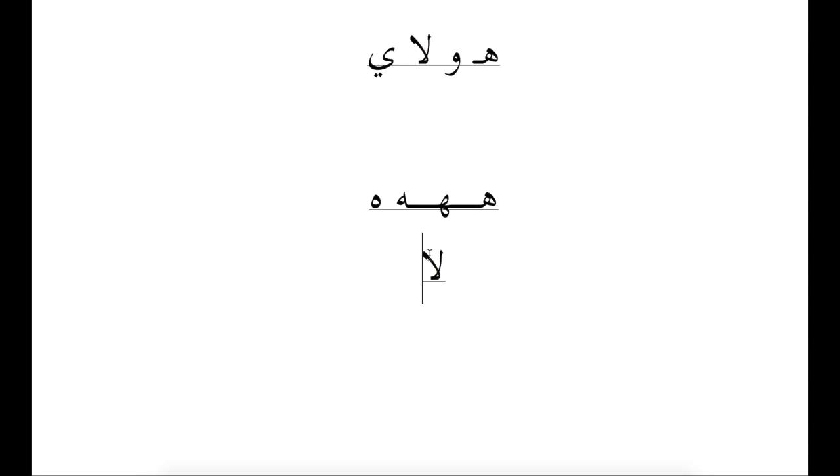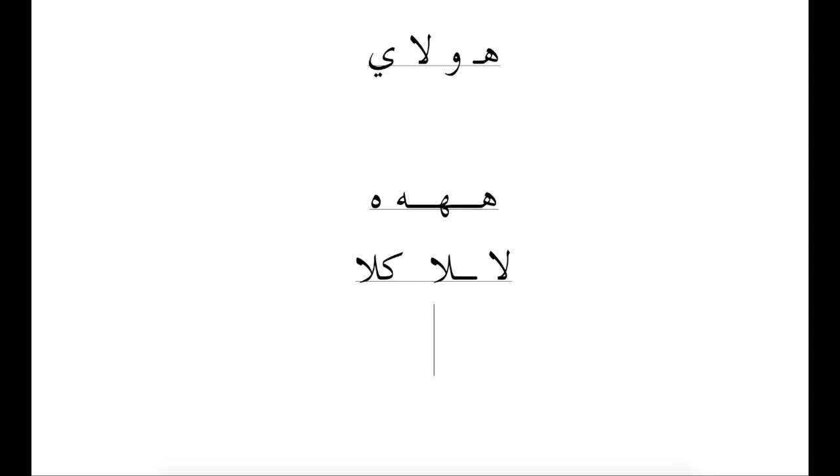This is lam right here, and actually this is the lam right here, and an alif is attached to it. Okay, so it gives you the letter la, or the sound of la. And it comes in the word oftentimes kalla, all right, nay, negation.